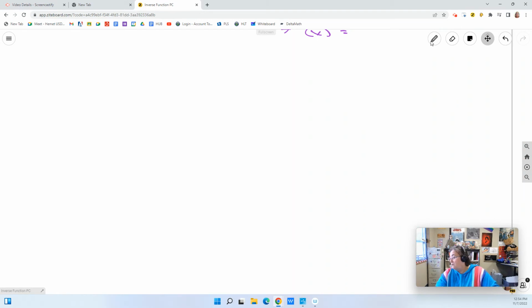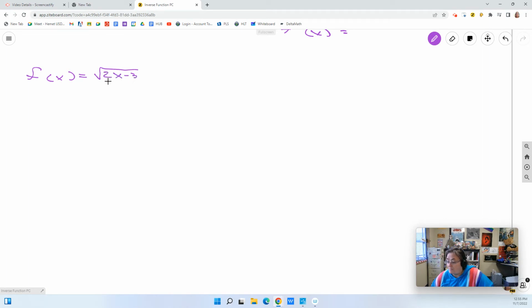So given our next problem, we're going to try and find the inverse of f of x equals the square root of 2x minus 3.